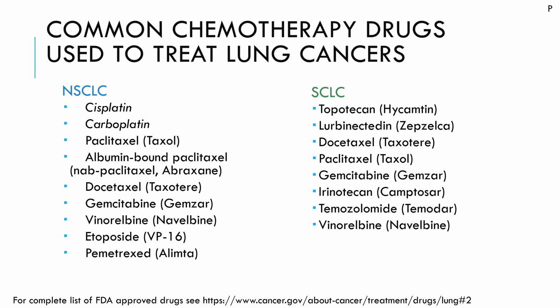They also use others, but these are the most common ones. So again, a combination therapy. Small cell lung carcinomas do not typically use cisplatin, but they do use combination therapies as well. And these are some of the drugs that are used there. Next.